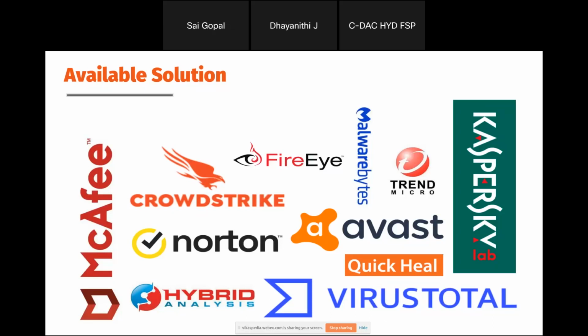If it is a known malware, VirusTotal will give you a detailed report: what resources this particular malware will access, what files it will access, what the registry entries are, how many processes will be created, how many executables will be dropped, and to which IP address it will communicate.